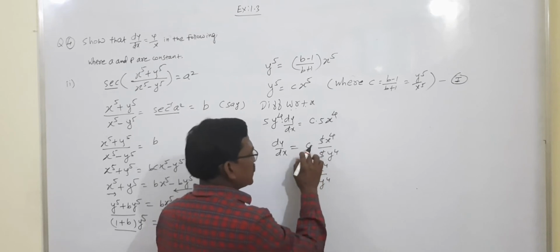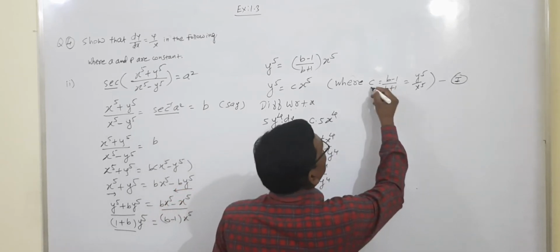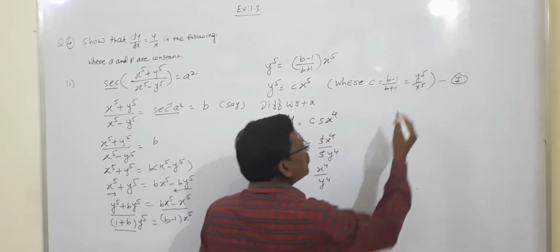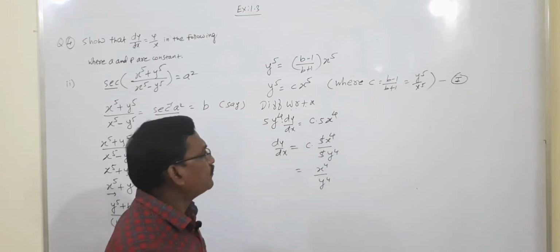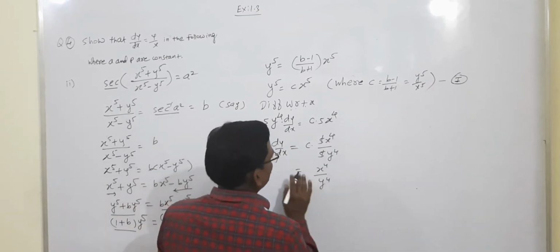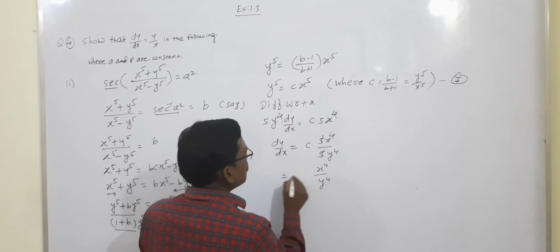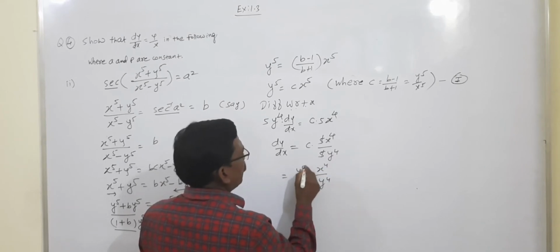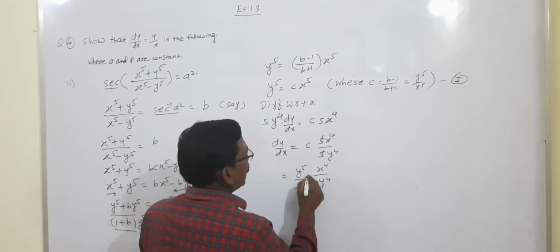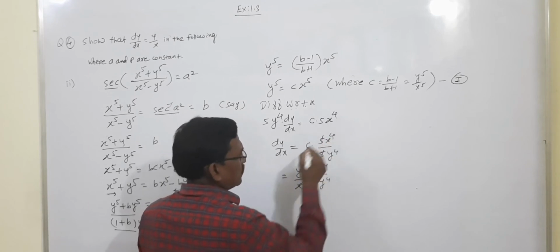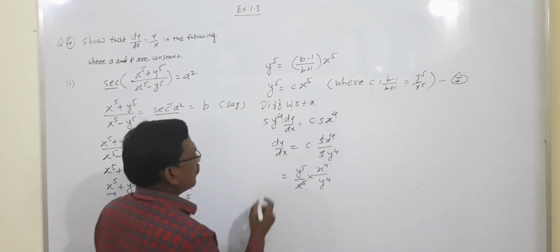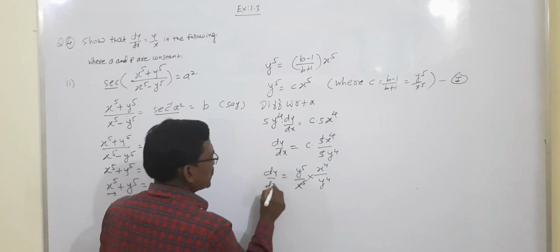We write the value of c here. C is y to the power 5 upon x to the power 5. We write here the value of c, y to the power 5 divided by x to the power 5 into this x to the power 4 divided by y to the power 4, and this becomes dy by dx.